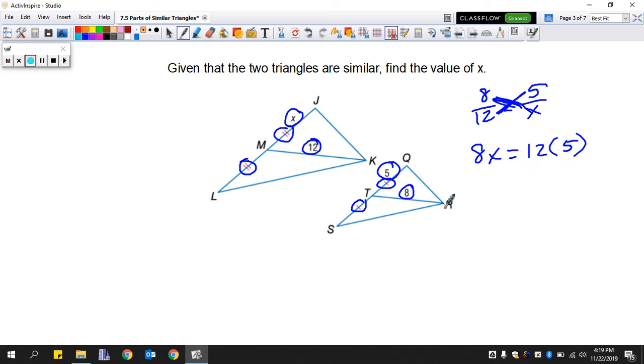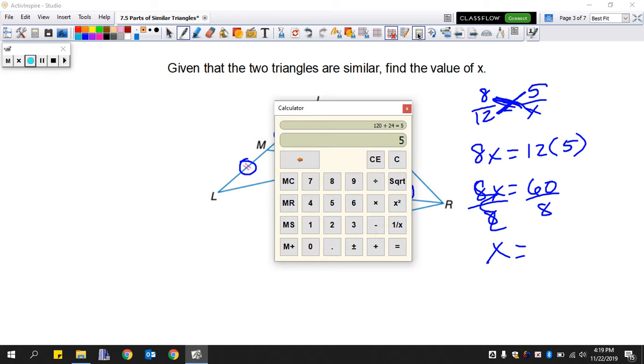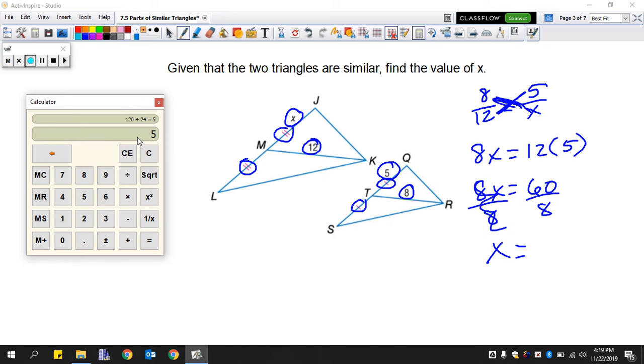We can figure out that 12 times 5 is 60, and we're going to divide it by 8. So that tells us that x is equal to 60 divided by 8, and 60 divided by 8 is equal to 7.5.